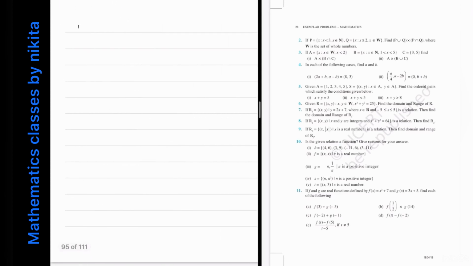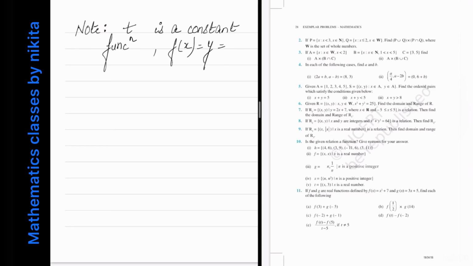So note that t is a constant function which is given by f of x equal to y is equal to 3 for all x belonging to R. And you know how its graph is drawn as well.